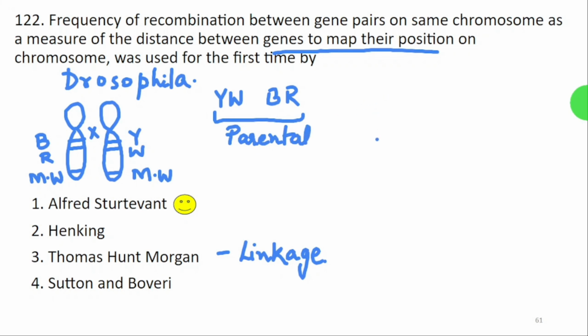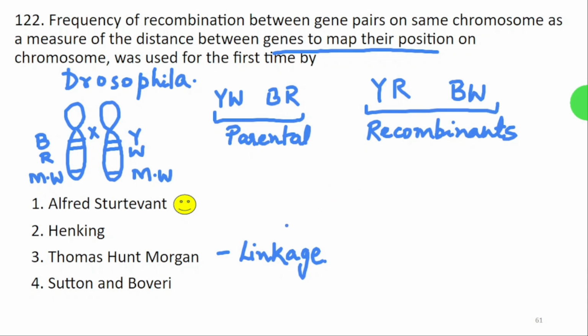And the non-parental types, or the recombinants, would be yellow body and red eye, YR. Similarly, BW would be recombinant, brown body and white eye.